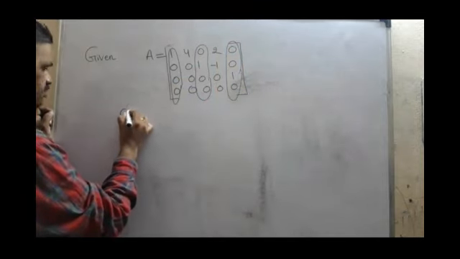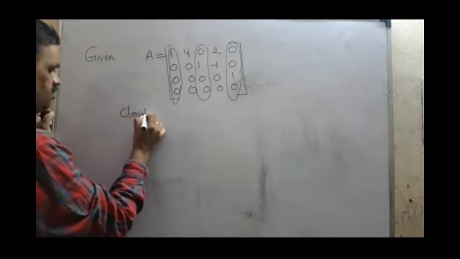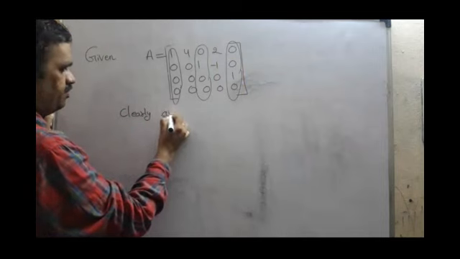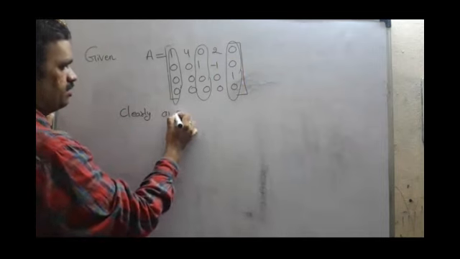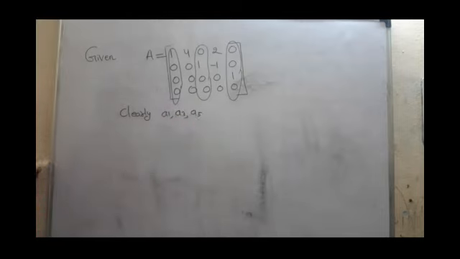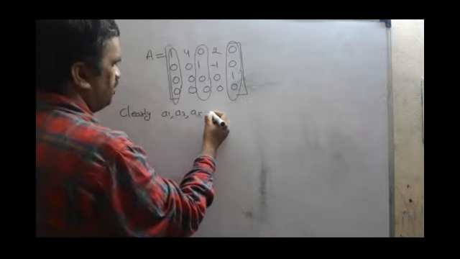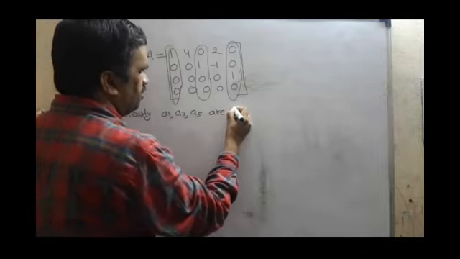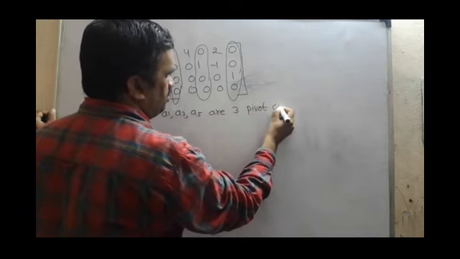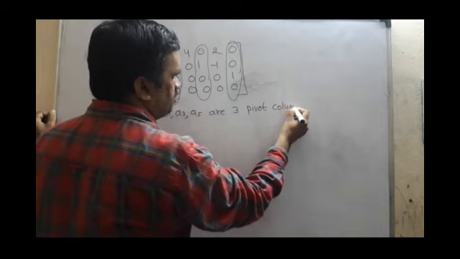Clearly, first vector A1, third vector A3, and A5 are the 3 pivot columns.